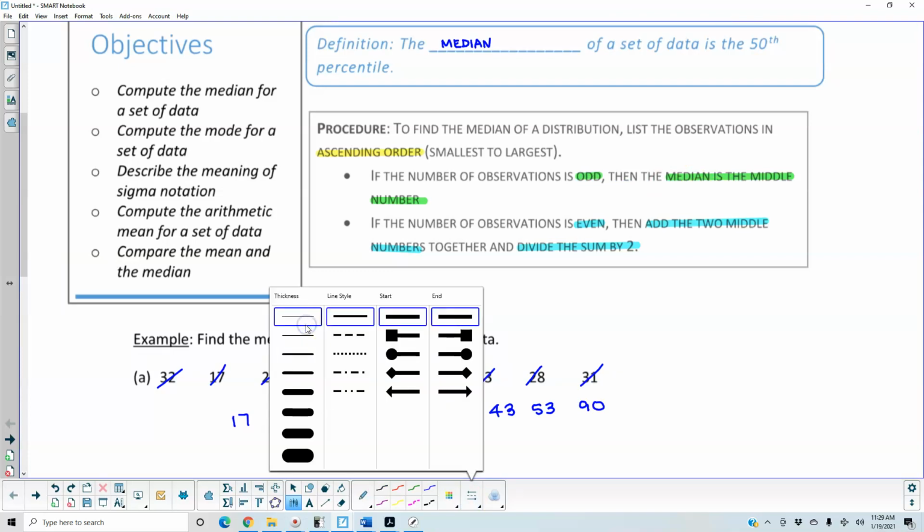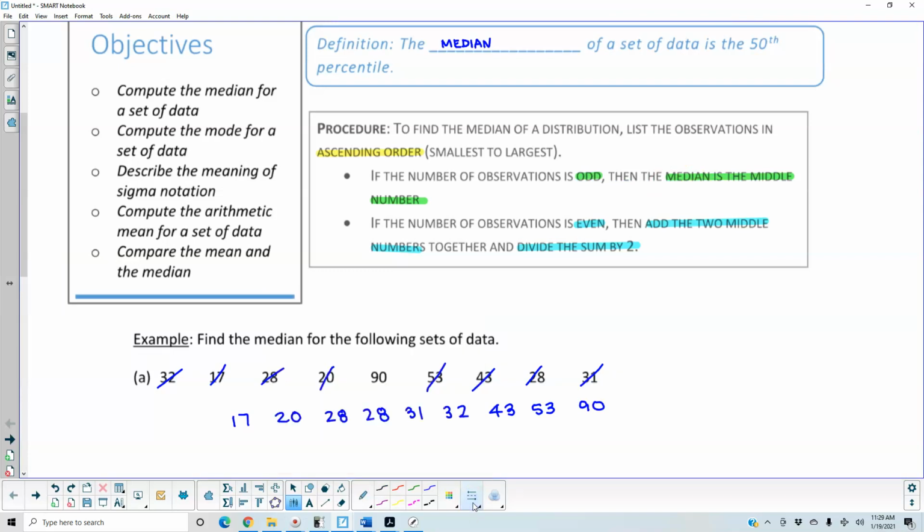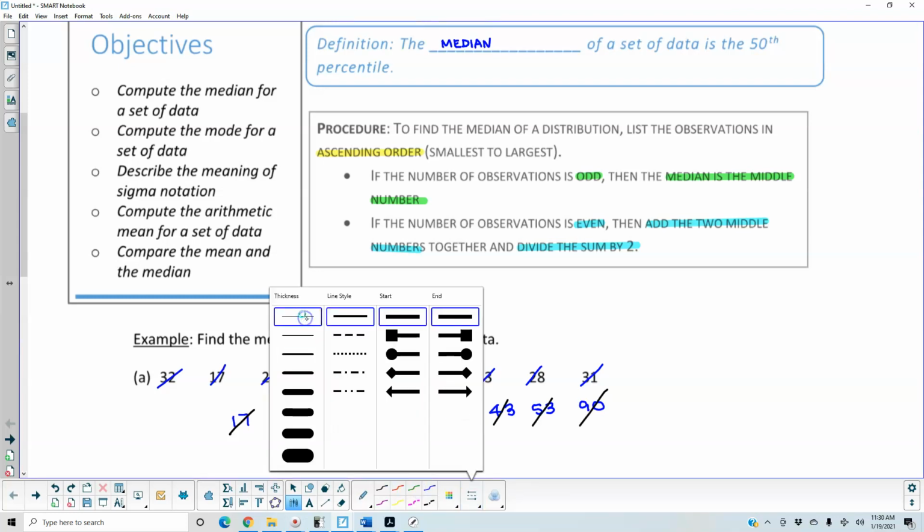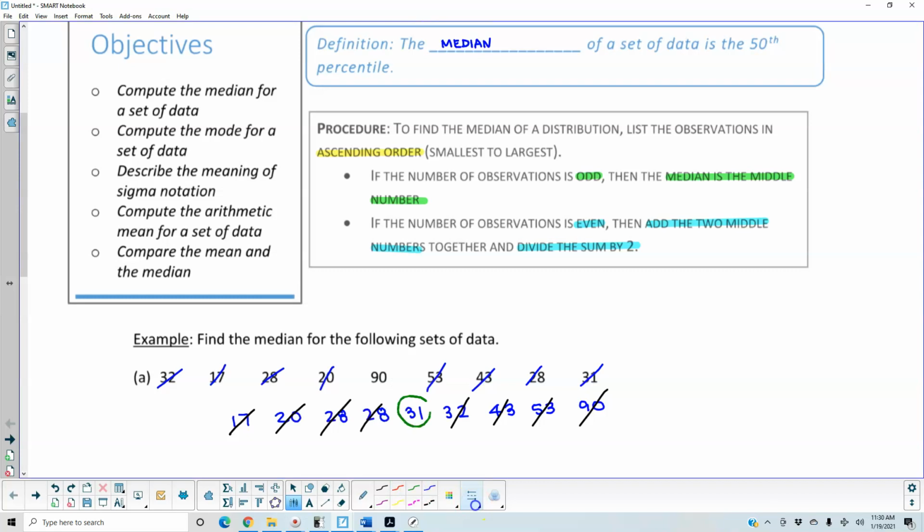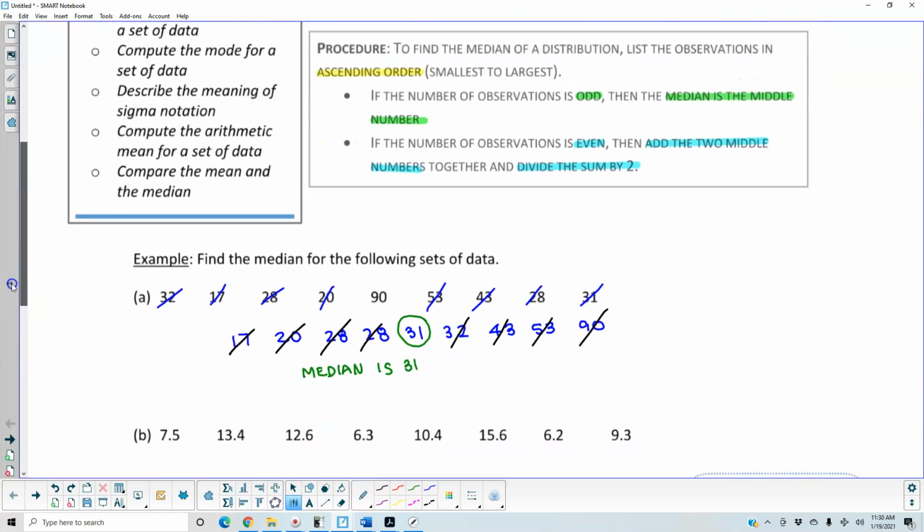Since we have 9 observations, there are 4 on each side, and the middle number is 31. So the median in the first example is 31. Let's take a look at the next example.